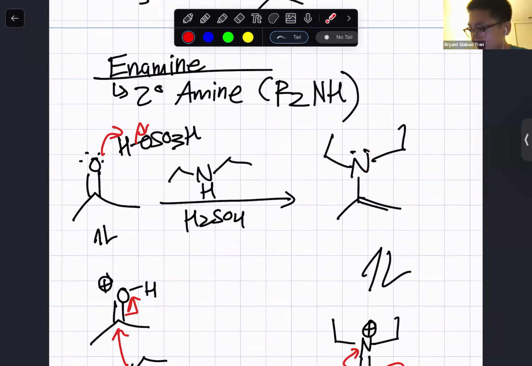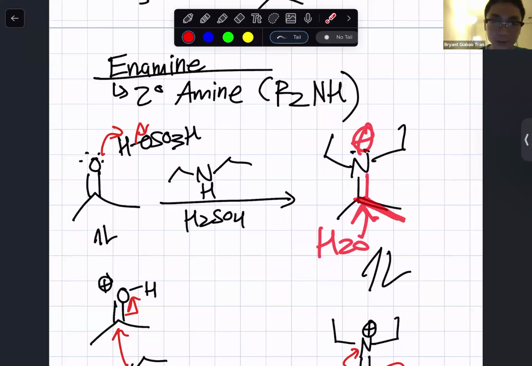We protonate the alpha carbon, first forming the iminium ion. Once we have that positively charged iminium ion, we use the water to attack it, and then do the whole proton transfer step. That's the difference in the first step between the enamine and imine going backwards.